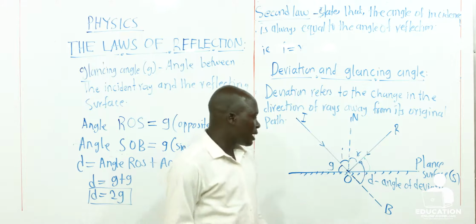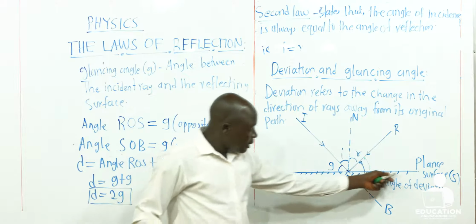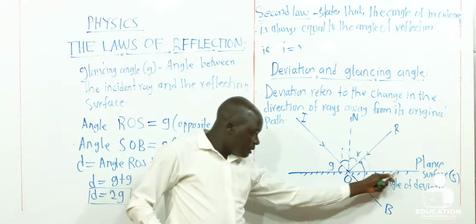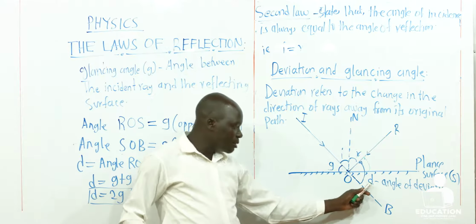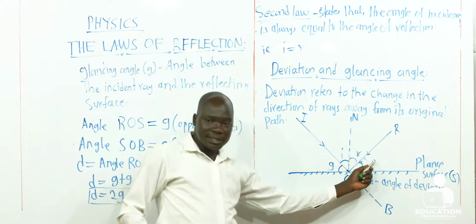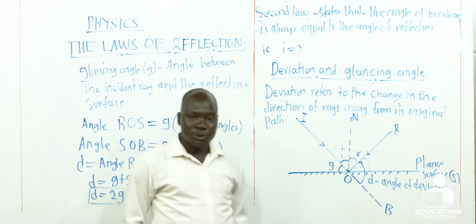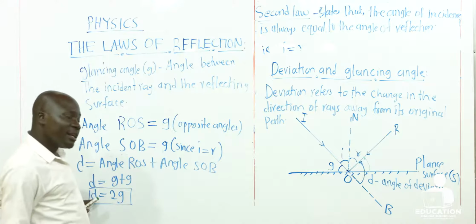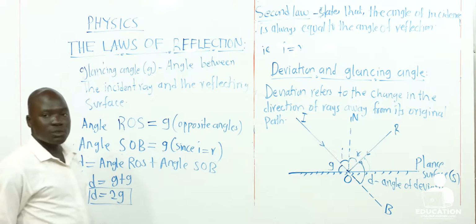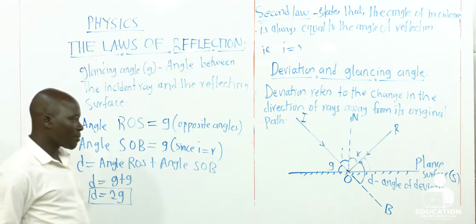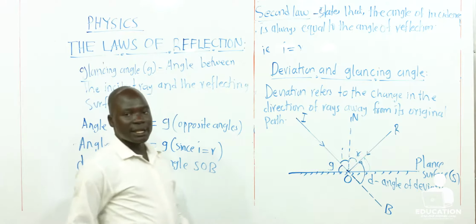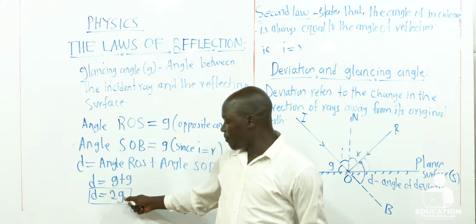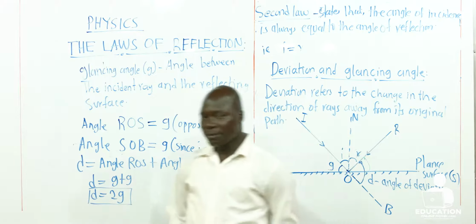Dear learners, let's look at this. If this angle is G, then also this angle is G, which means when we add G plus G, we get 2G, which means the relationship is that the angle of deviation is twice the glancing angle. So this is a relationship between the angle of deviation and the glancing angle.